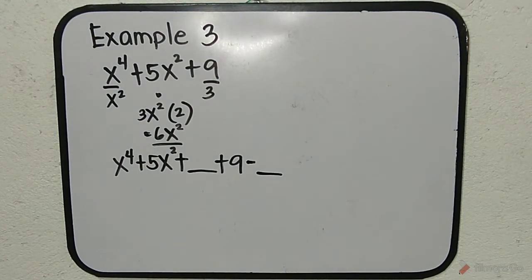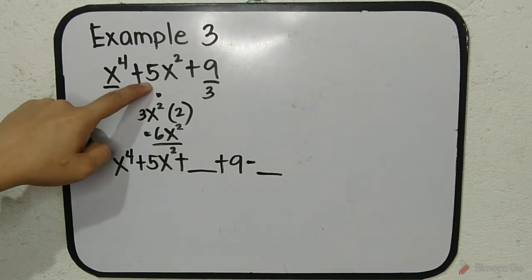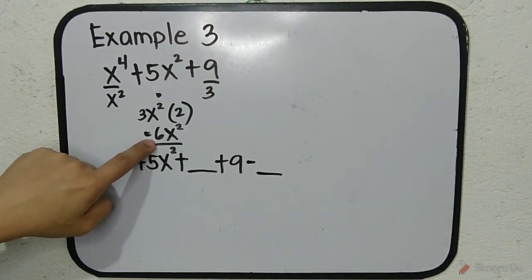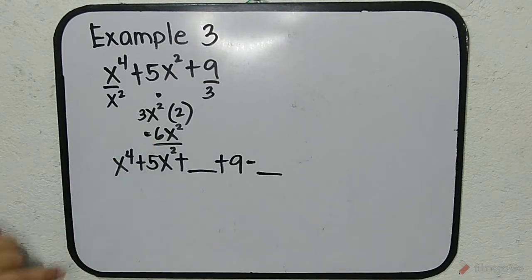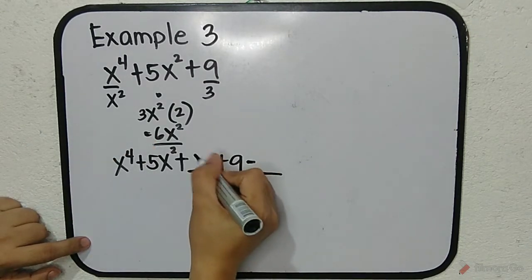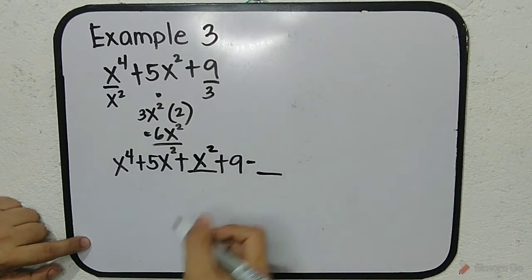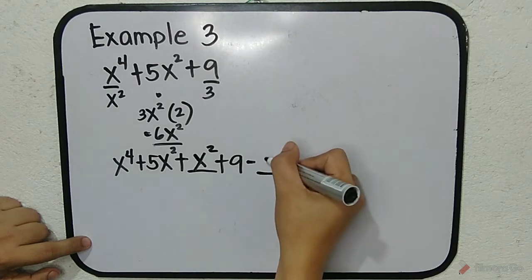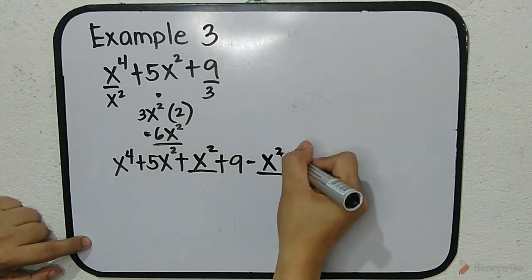So, once again, ano yung kulang sa 5x squared para maging 6x squared? So, ano yung idadagdag natin? Okay, so ang kailangan natin dito ay x squared. So, meaning, kung nag-add tayo dito ng x squared, magma-minus tayo sa kabila ng x squared.